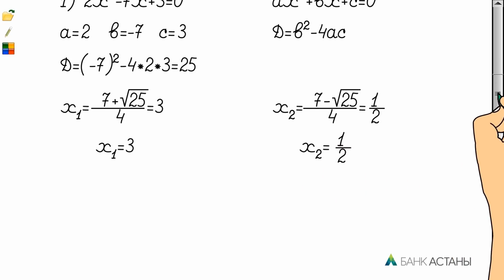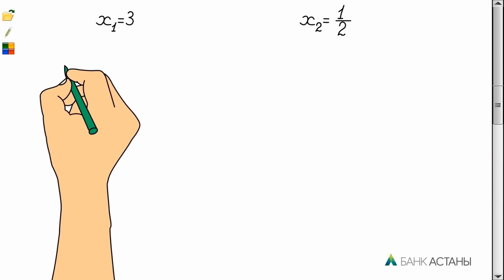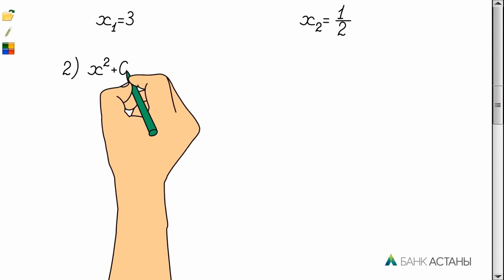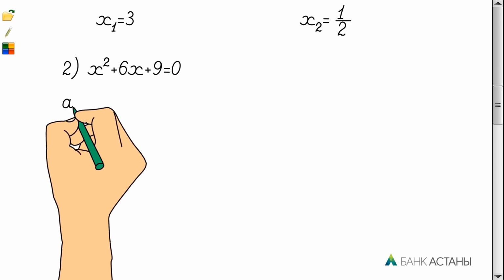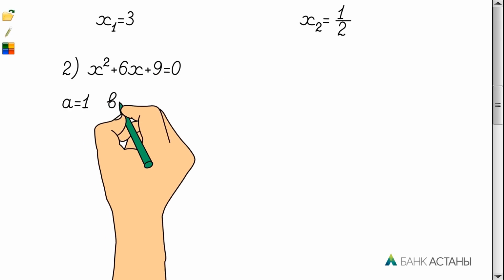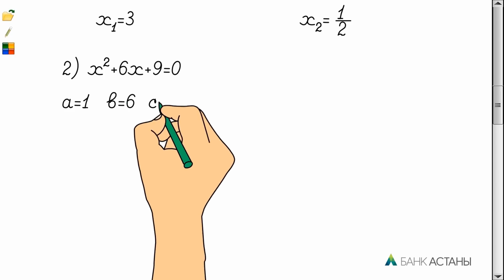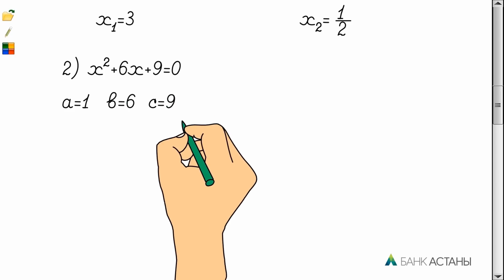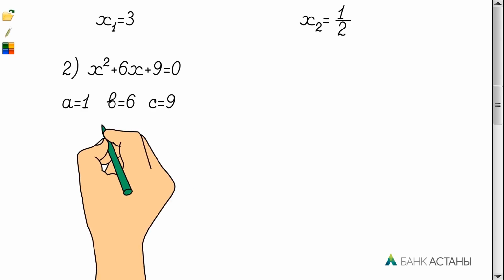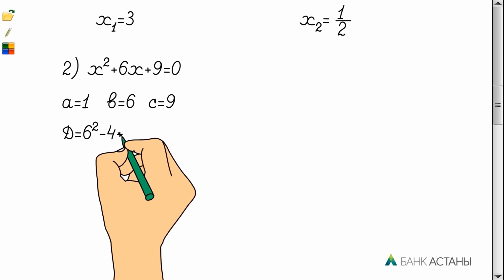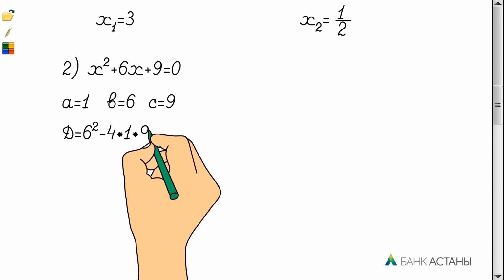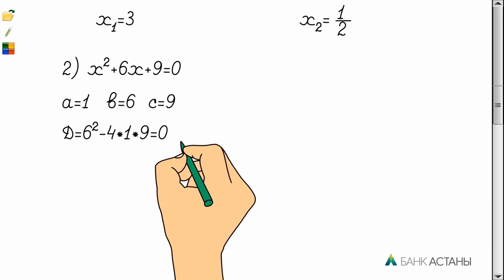Let's consider the next example. x squared plus 6x plus 9 is equal to 0. As we write the values of our coefficients, we can find the discriminant of the equation. Discriminant is equal to 6 squared minus 4 multiplied by 1 multiplied by 9, which is equal to 0.